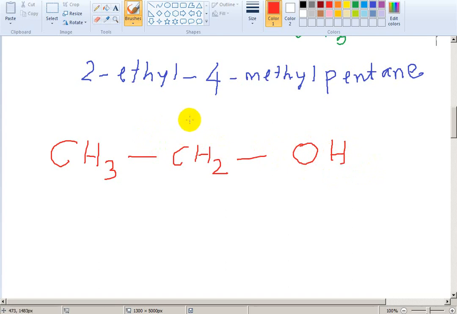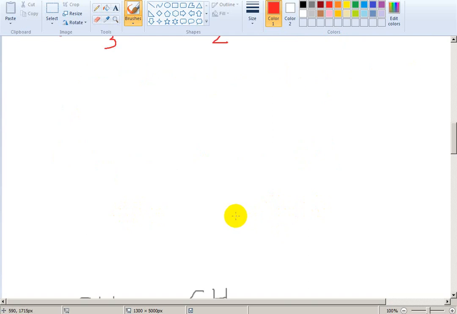Functional group is close to this carbon, so 2. If it is ethane or ethanol, it comes from ethane. This is the ethane, CH3, CH3.